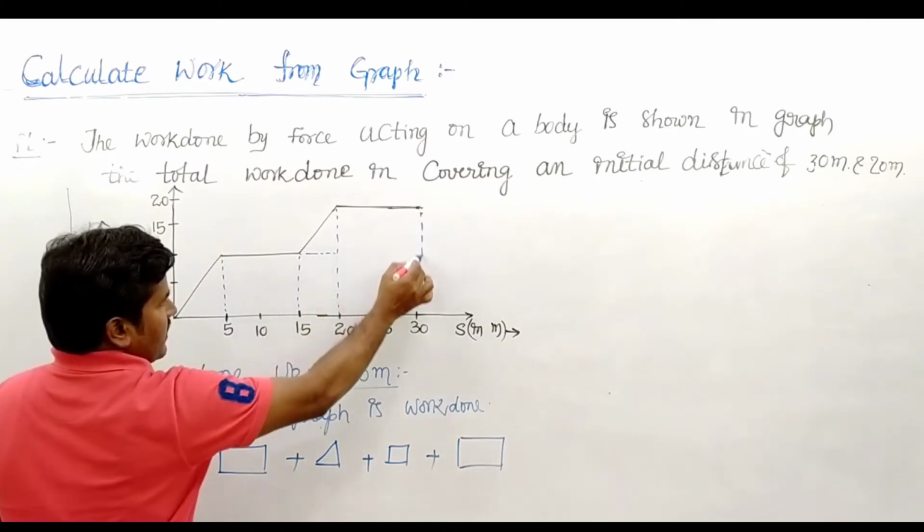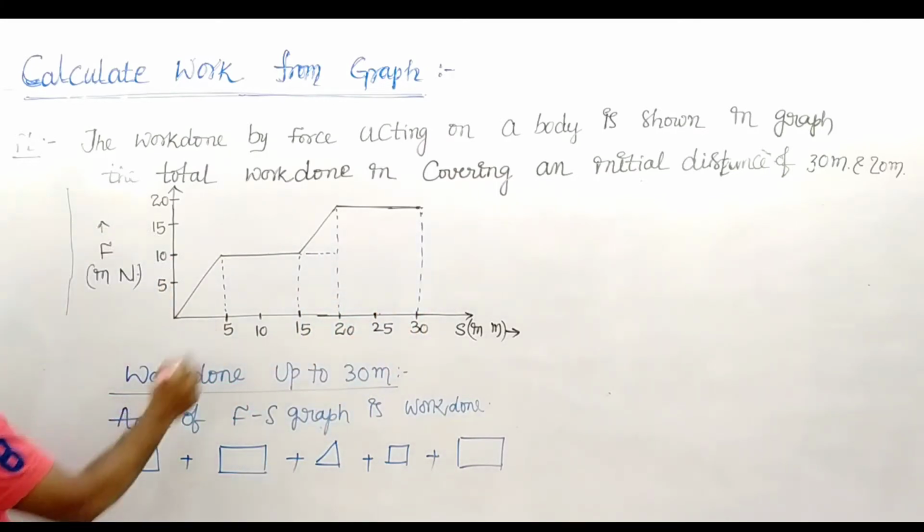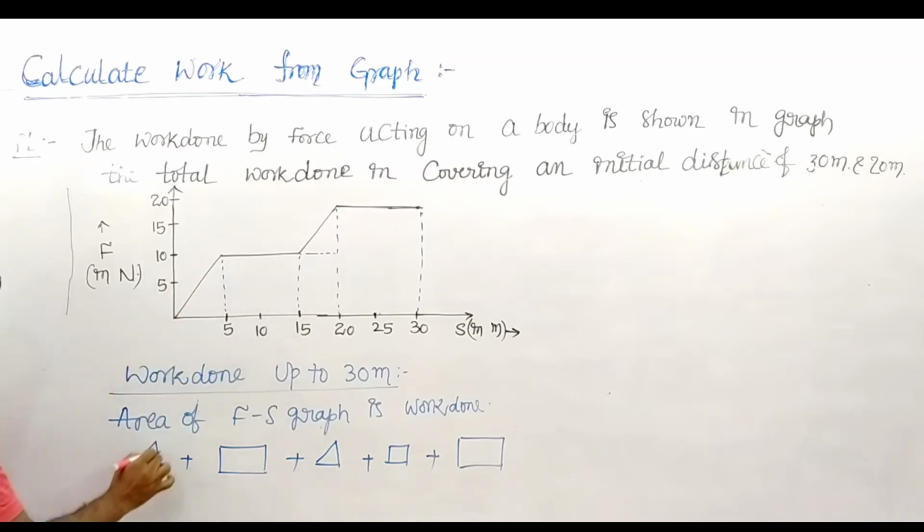So the area of this is written as: for this triangle the base is 5 and the height is 10.